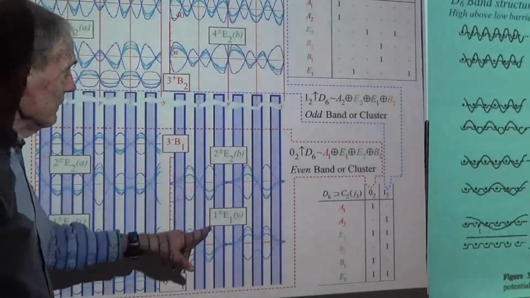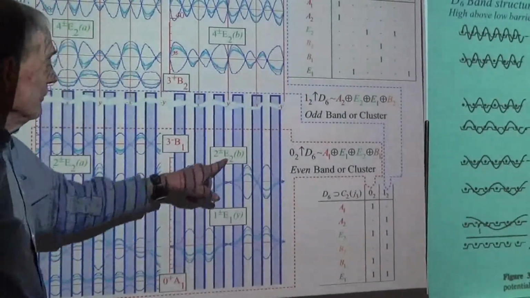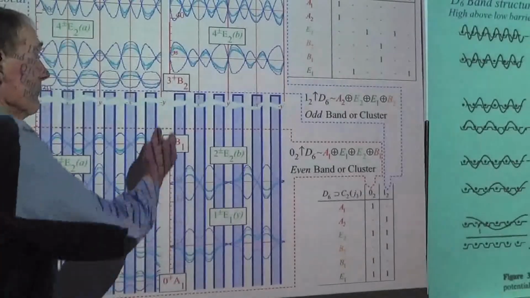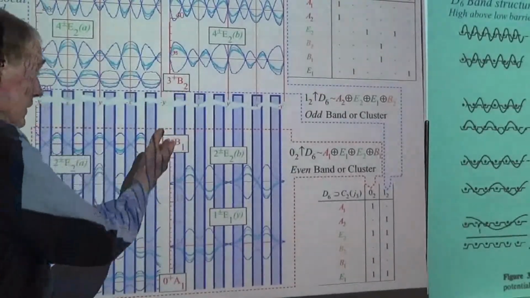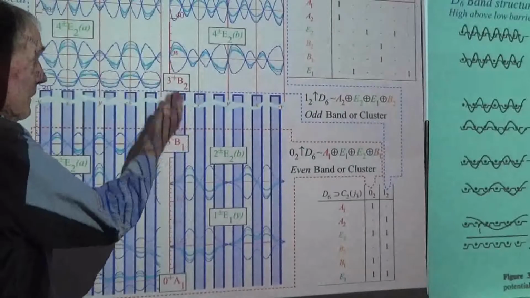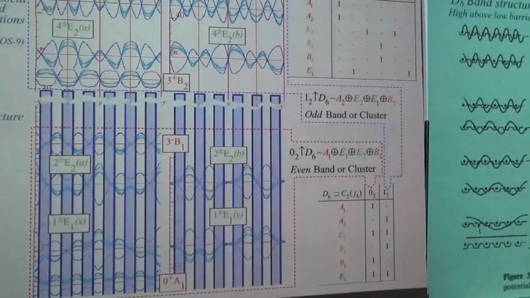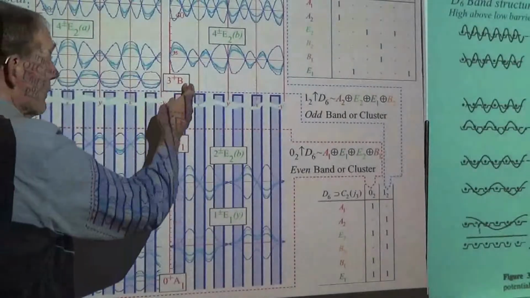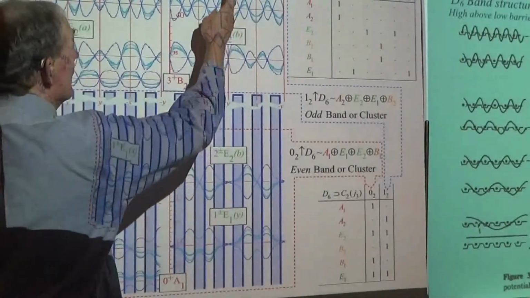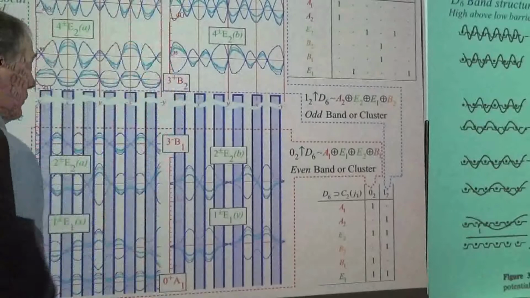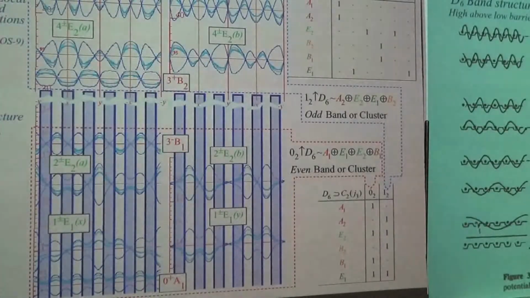Here's A1, E1, E2, B1, then comes B2 with a huge gap between the Brillouin band boundaries. That's the way I remember the B goes there. And then it counts backwards. E2, followed by E1, followed by A2. So this is the simplest example that's not really quite trivial.